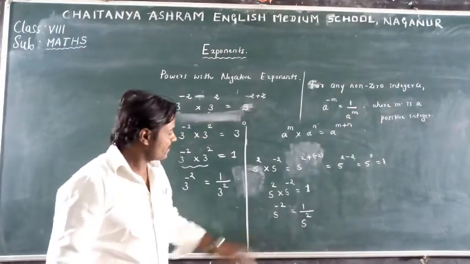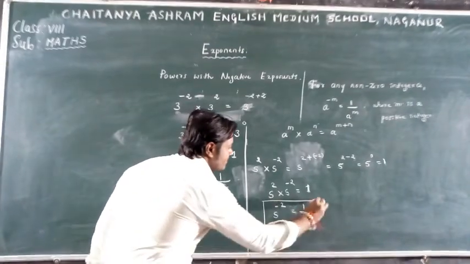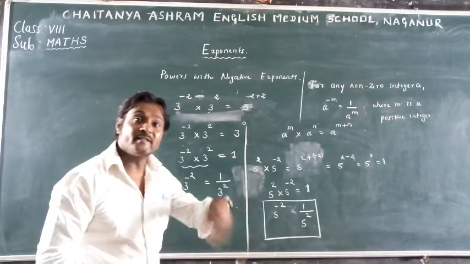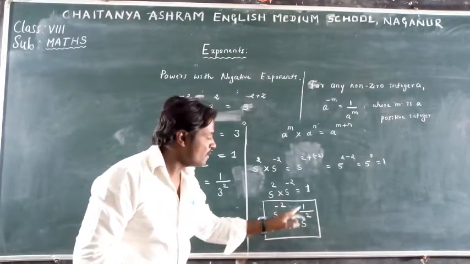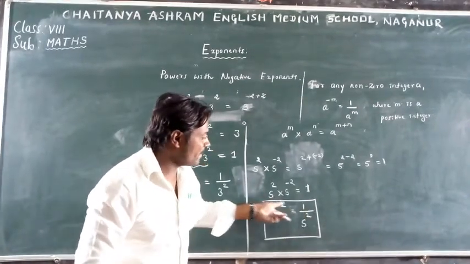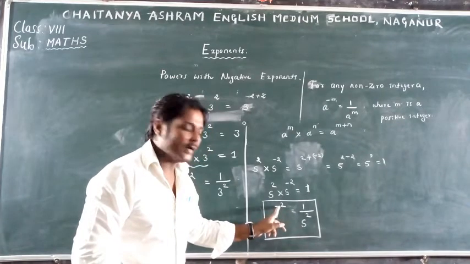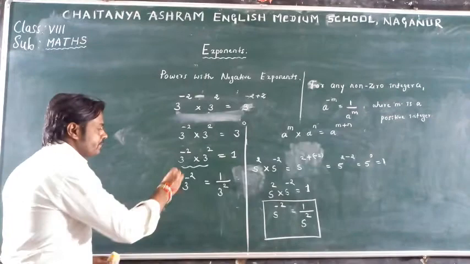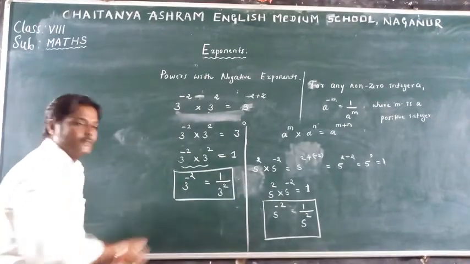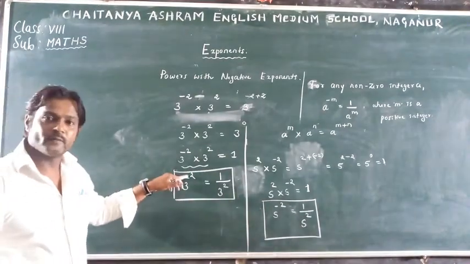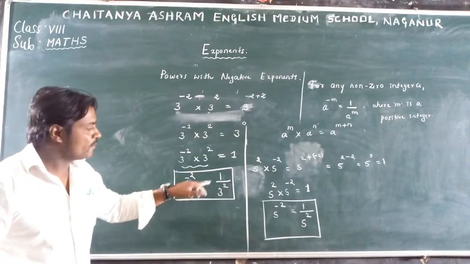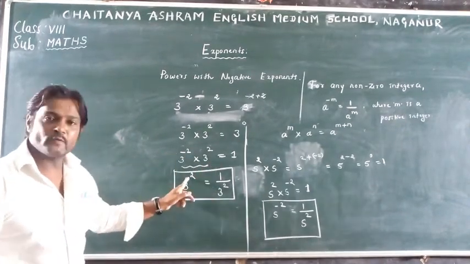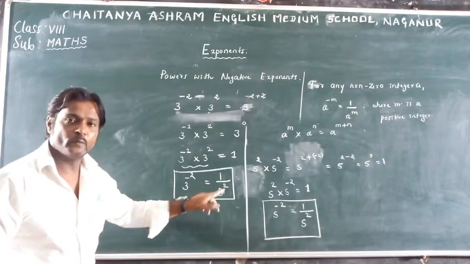Observe this pattern, children. 5 to the power minus 2 is the same as 1 divided by the same exponent, but here it is minus 2 and there it is positive 2. Also, 3 raised to the power minus 2 is the same as 1 divided by the same exponent with plus 2.